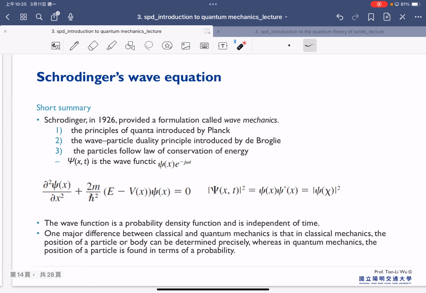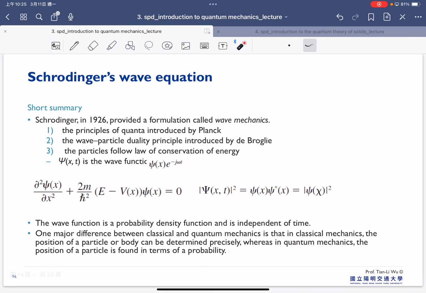Okay, so then let's move to the short summary for this calculation from the wave equation here. Basically, we try to consider all these three basic principles: the principle of the quantum, the wave-particle duality, and also that the particle follows the laws of conservation of energy.